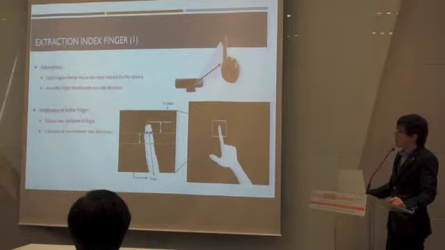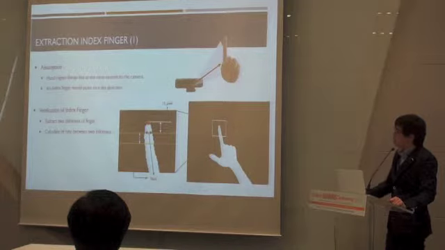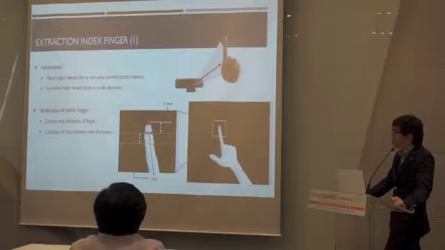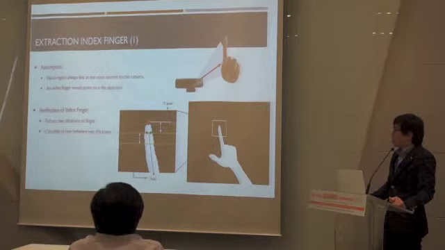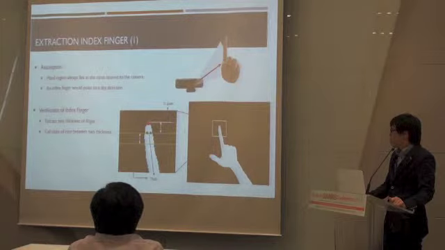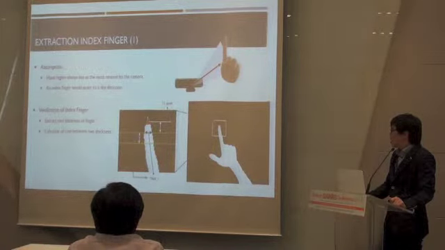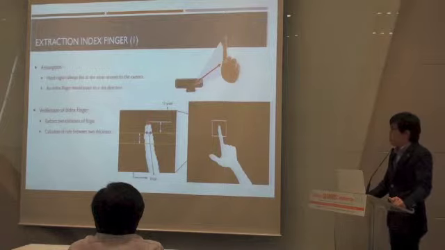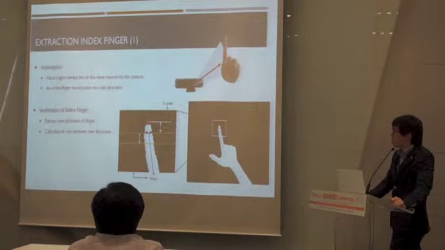After checking the index finger, I suggest a verification of the index finger. To verify, extract two thicknesses of the finger, here and here. This is the top point of the fingertip, calculated by scanning with contour imaging.